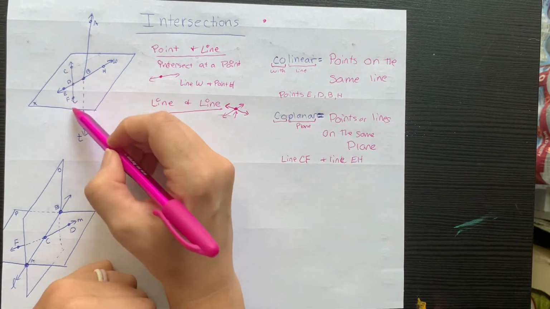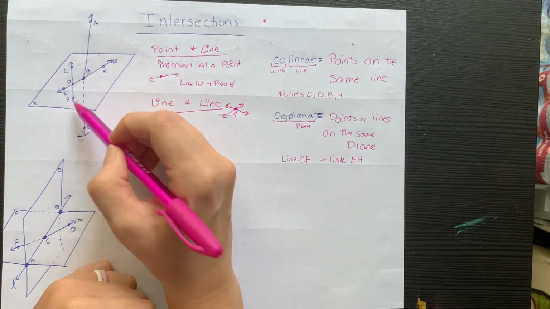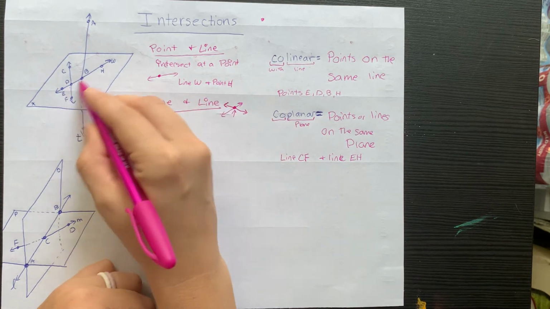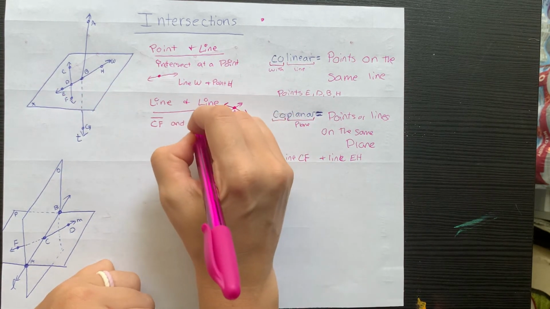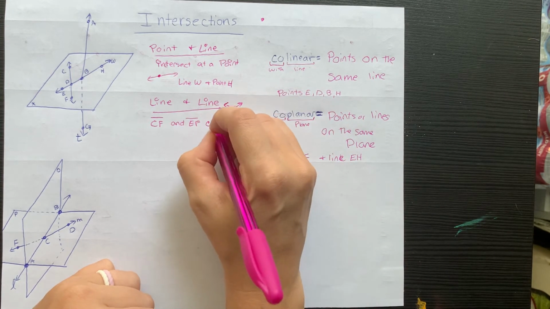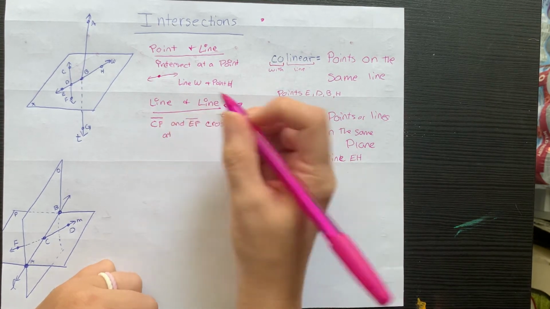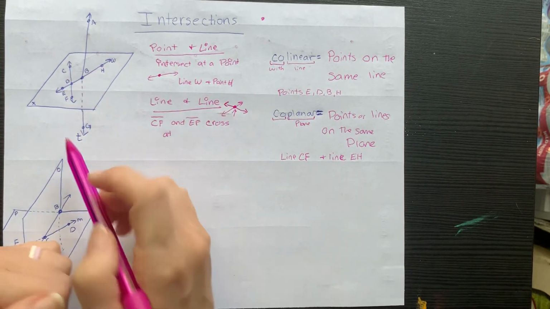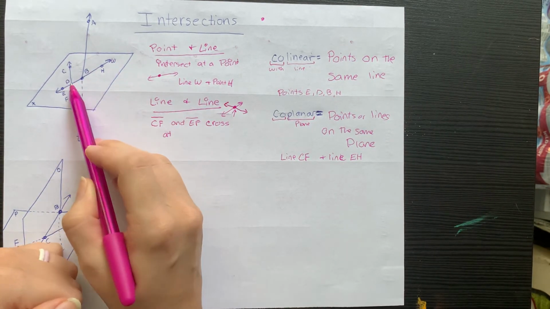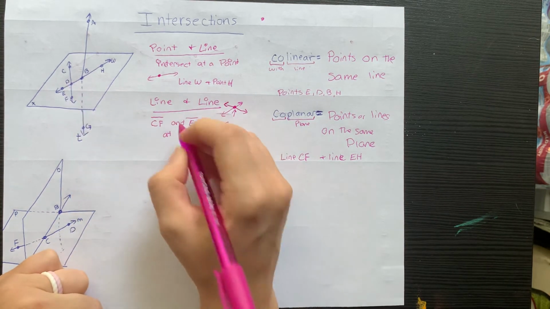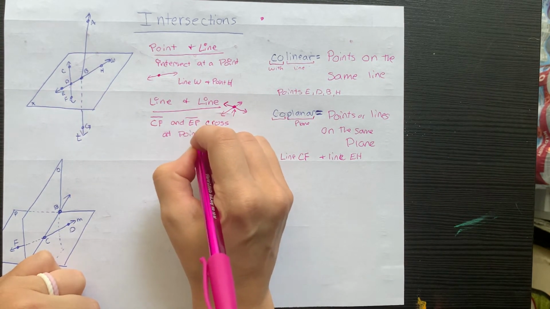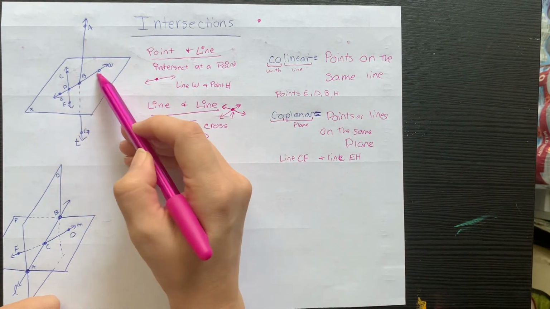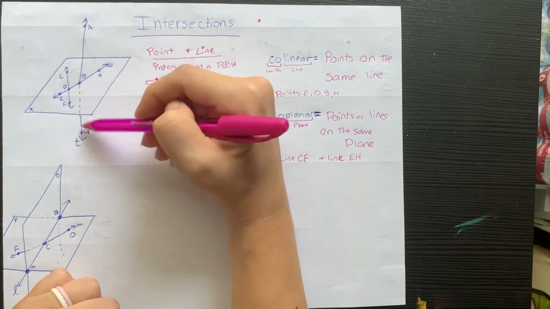So for example, line CF and line EH cross at, so if you look at these 2 lines, what point do they touch each other on? That would be point D right here. Right. You could also say EH crosses AG at B.